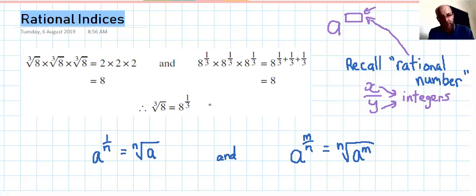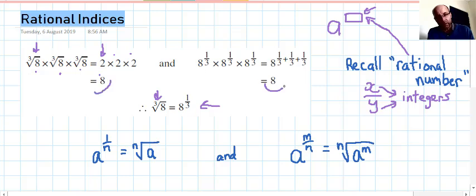Now perhaps you can see a result here. It's claimed that the cube root of 8 equals 8 to the power 1/3. Let's have a look at that. On the left we've got 2 times 2 times 2 equals 8. Another way of writing 2 is the cube root of 8, because 2 by 2 by 2 is 8. And if you have 3 of those together, you're cubing it. The result is 8.